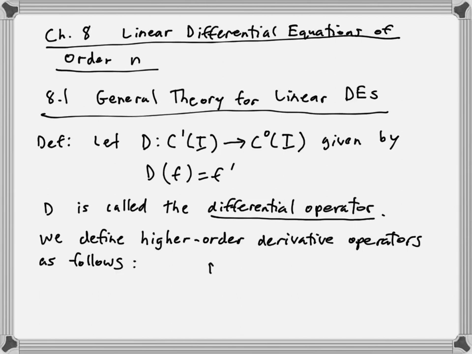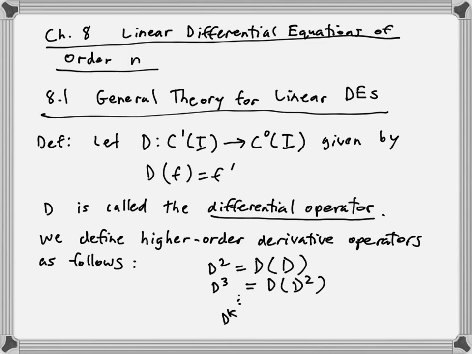So D squared is just going to be D of D, right? In other words, we're taking the derivative and then the derivative again. D cubed is going to be D of D squared, right? So in other words, it's three derivatives. We could keep doing this, right? We could just keep doing this all day.